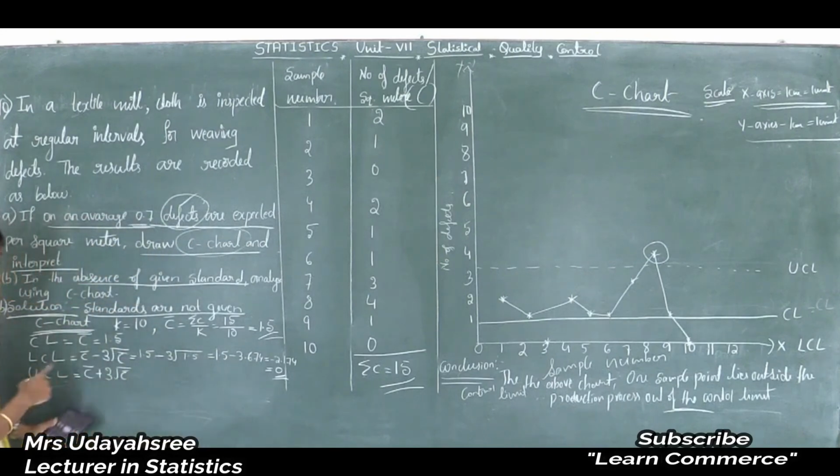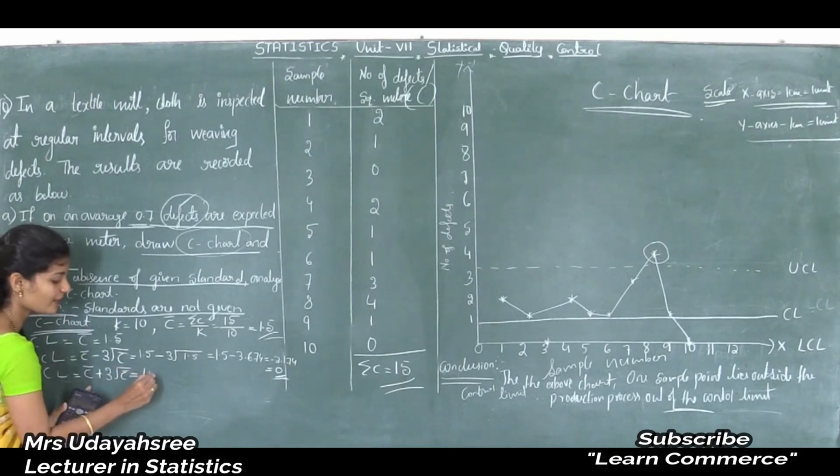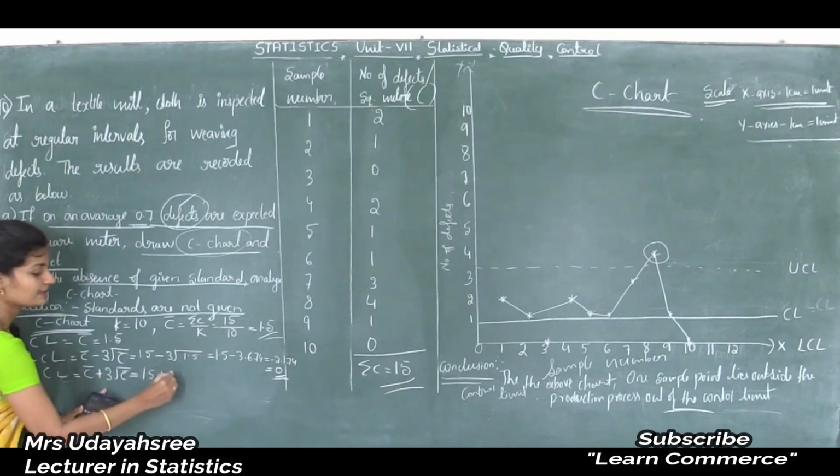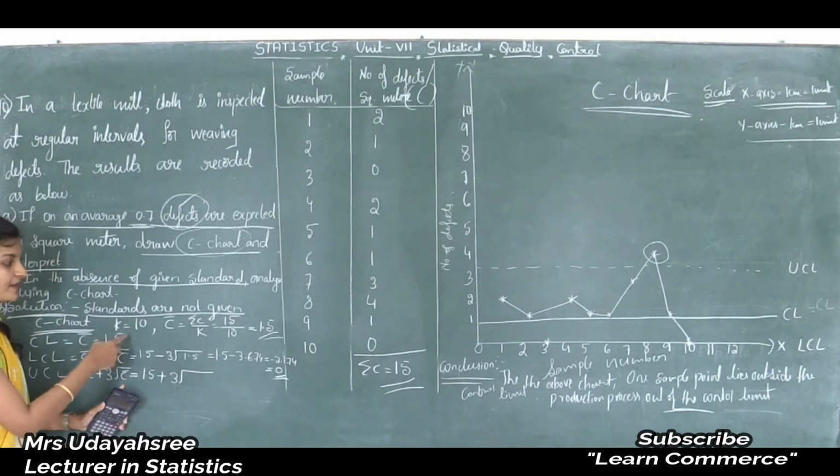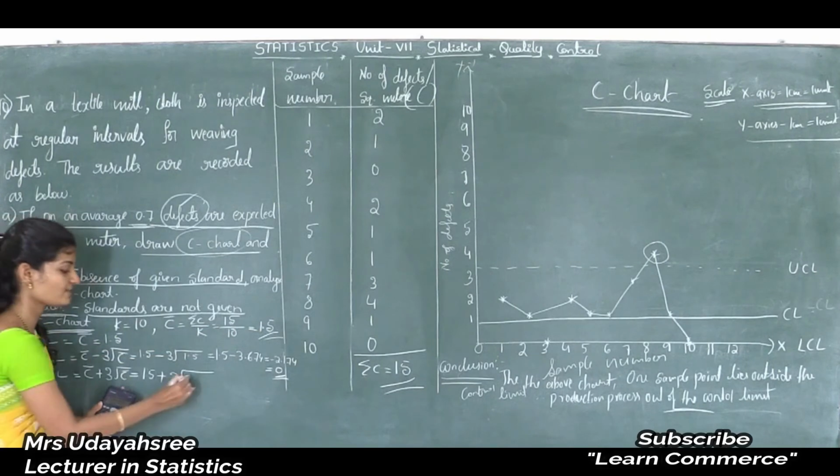Okay, next, to calculate upper control limit of C chart in standards are not given case, the formula is C bar plus 3 into square root of C bar. So this is equal to C bar value 1.5 plus 3 into square root of C bar. So C bar value already calculated, C bar is 1.5.